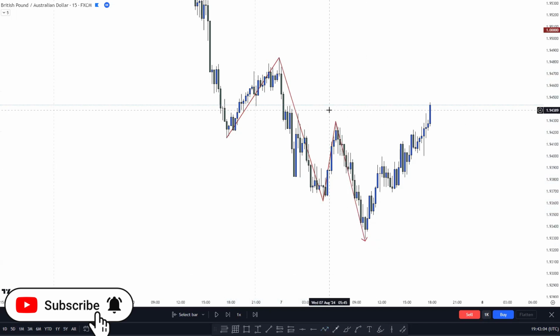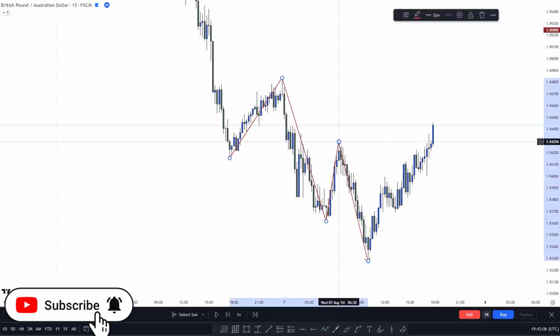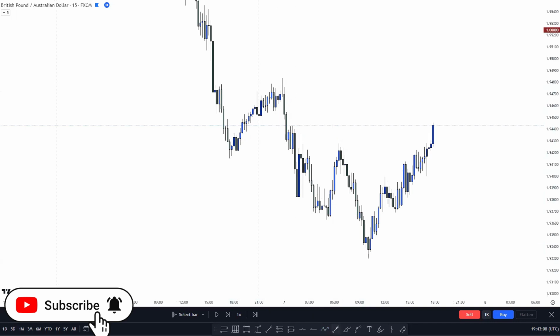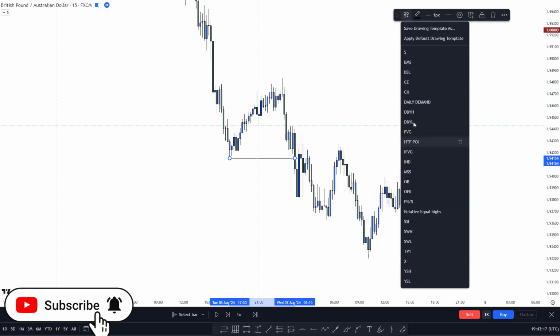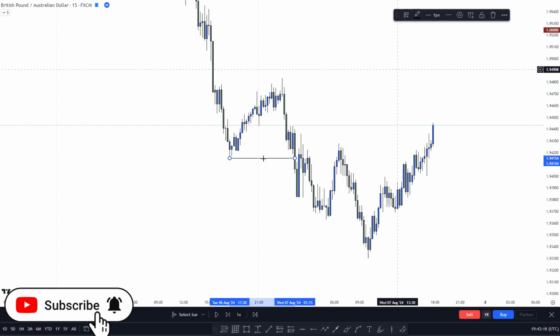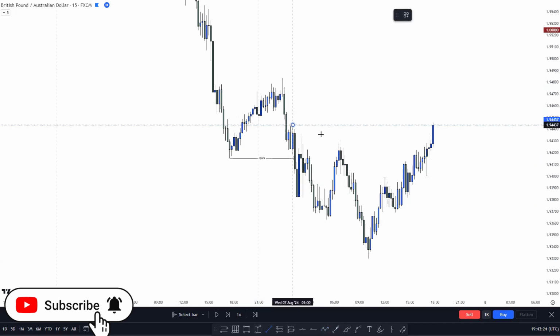With a structure like this, we need to identify our break levels. We had this low here, which price broke all the way to the downside. So we have our break of market structure here. After that, price pulled back, creating this series of liquidity all the way here.